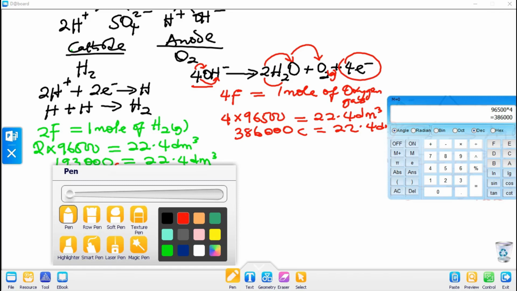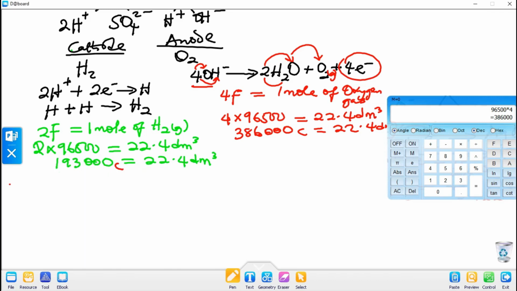So since we already have seen the quantity of charge that produced 1 mole of hydrogen and 1 mole of oxygen, we already know that 1 Faraday, or 1 mole of electrons, is equal to 96,500 coulombs. But from the question, 0.05 moles of electrons was passed.